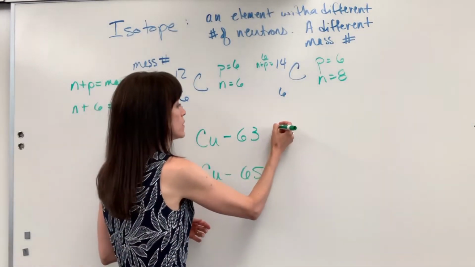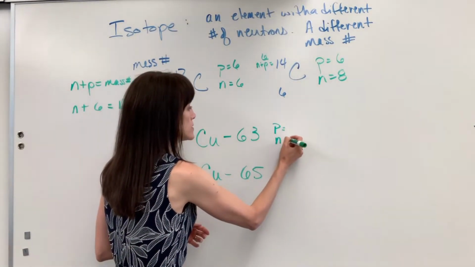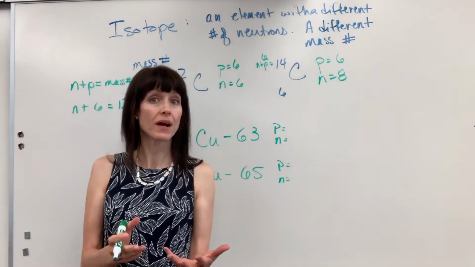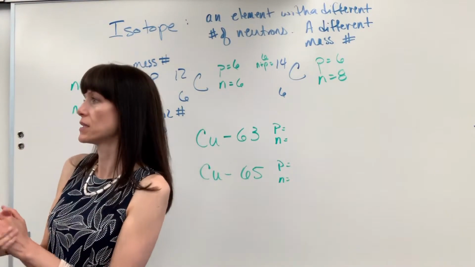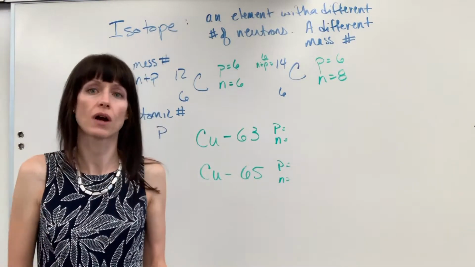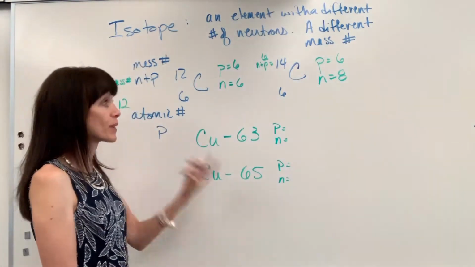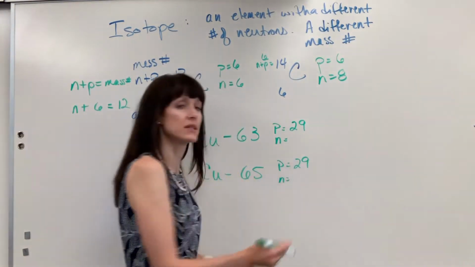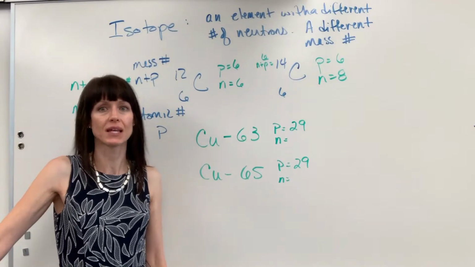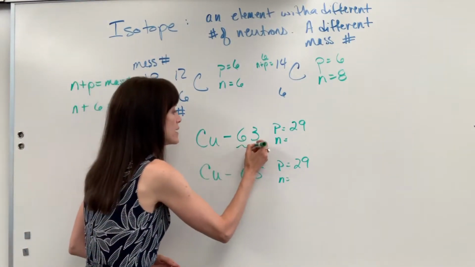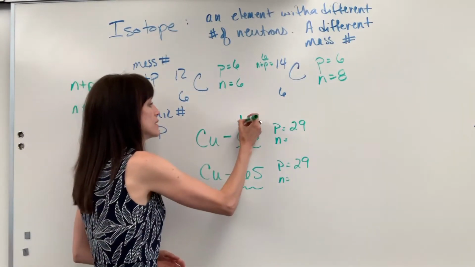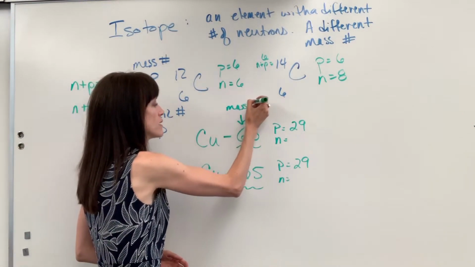And I want to know the number of protons and neutrons for each of these. I'm going to look at my periodic table and find the atomic number. The atomic number for copper is 29, which means we've got 29 protons. That was the atomic number just by looking at the periodic table. This number right here, if you see isotopes written in this form, is the mass number.